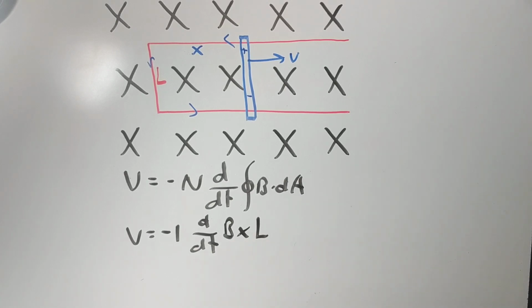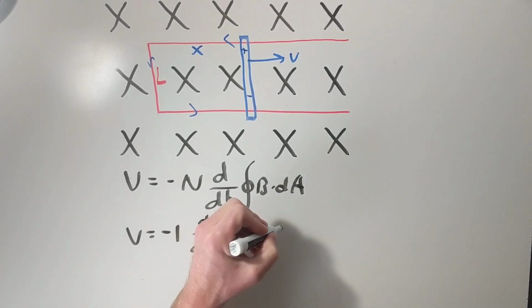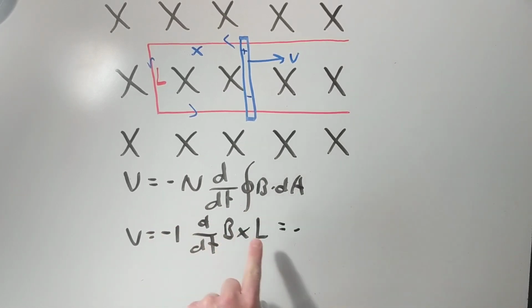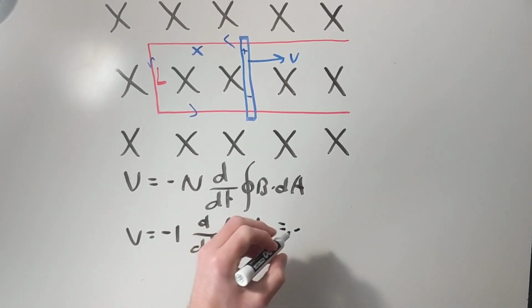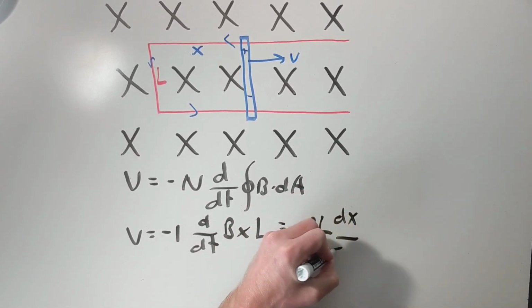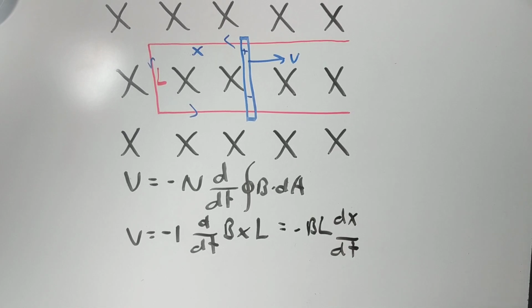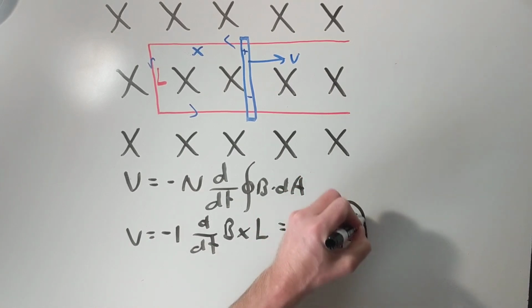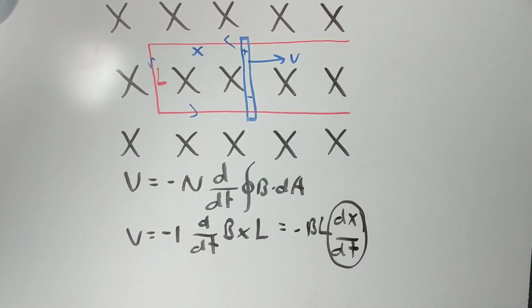Well, if you look closely at that, B is a constant, L is a constant, so it becomes negative BL dx/dt. Now, dx/dt is just going to be the velocity. That's the velocity that you're moving at.